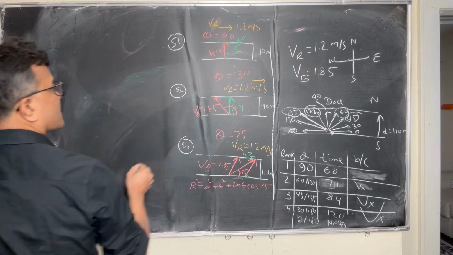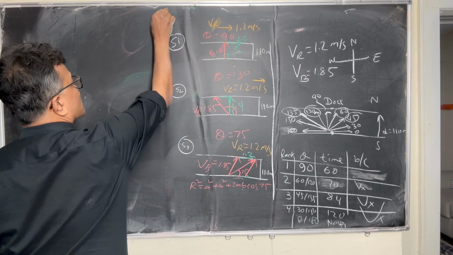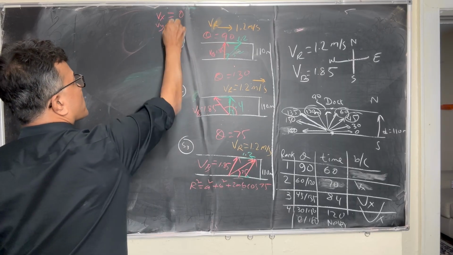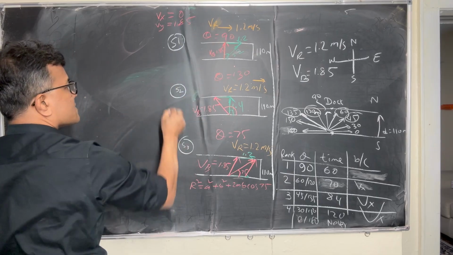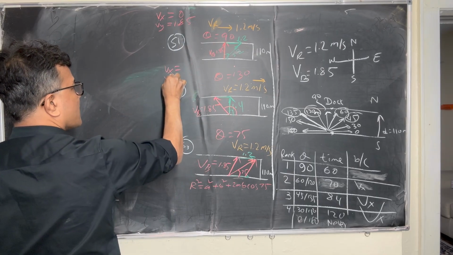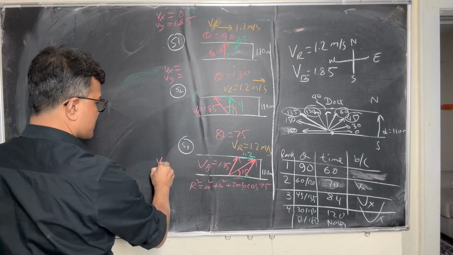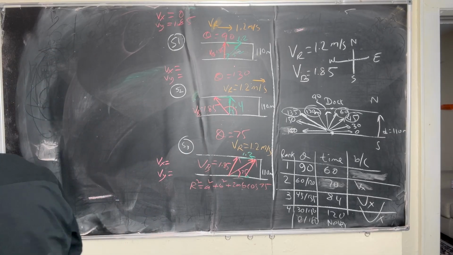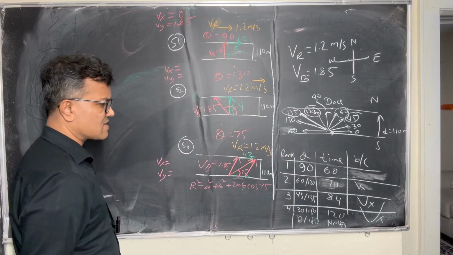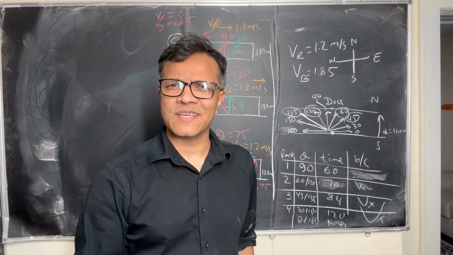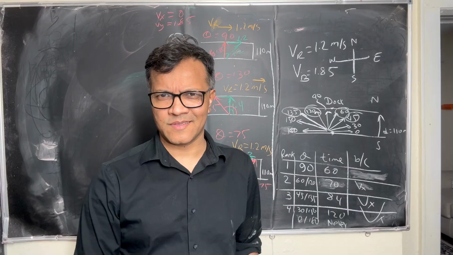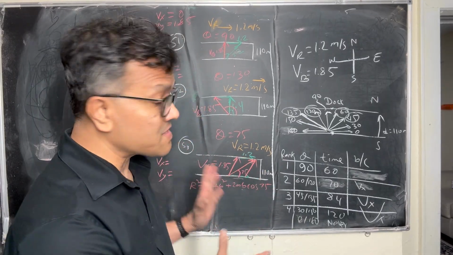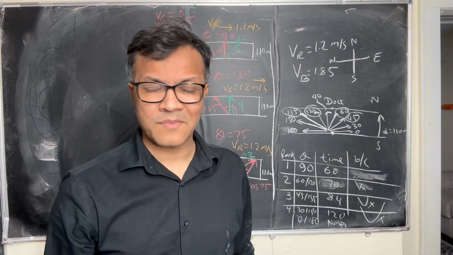Let's find Vx over here. Vx is 0, Vy is 1.85. Once we have Vx, Vy, we can make a hypothesis using this.